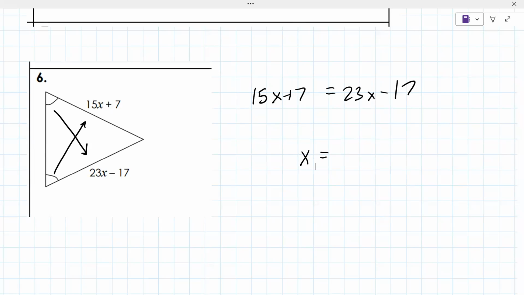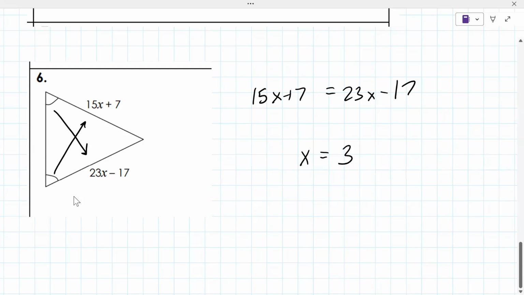What did you come up with for X? Hold on, I'm still doing this. Okay, x equals 3.